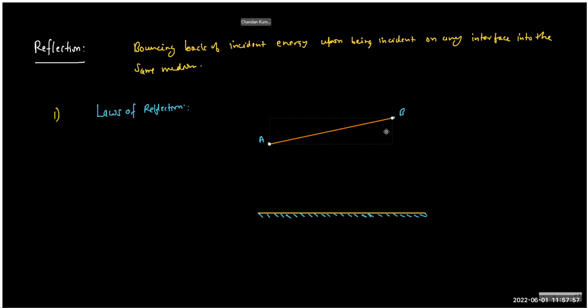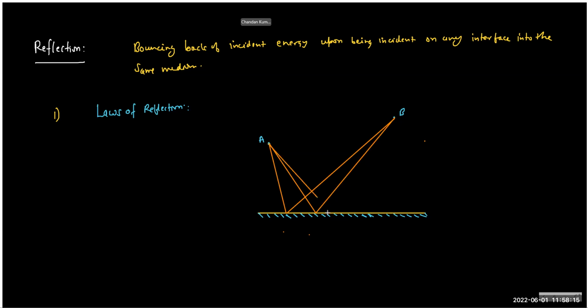If it goes directly, then it will take the least time for sure. But we are interested in going through reflection. So there are many possibilities of going from A to B. There are just infinite paths possible. So now out of these infinite paths, how will the light ray choose the correct path?